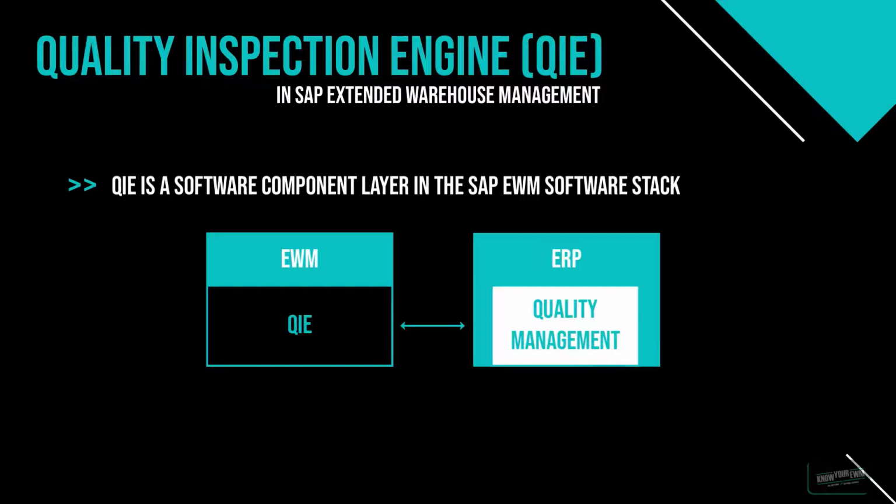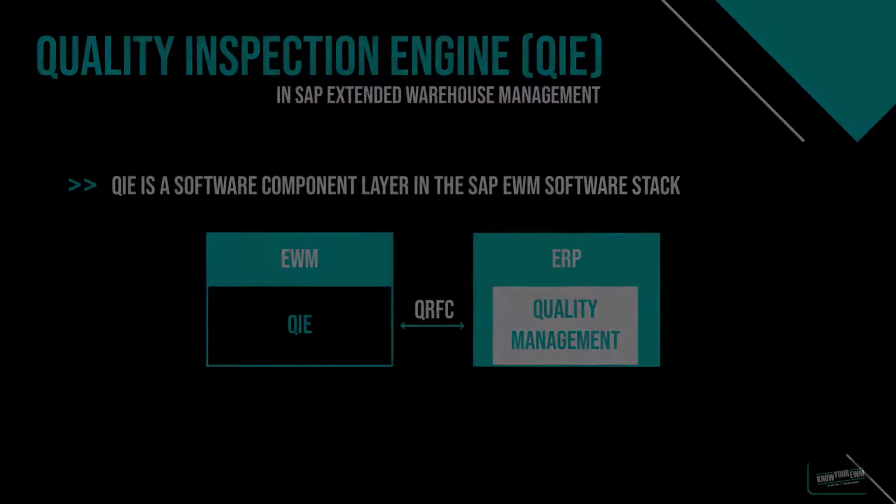Those messages are sent and received via queued remote function calls, or short form QRFC. So much for the general setup and what the Quality Inspection Engine is. Next, we are going to have a look at the data model of the Quality Inspection Engine.